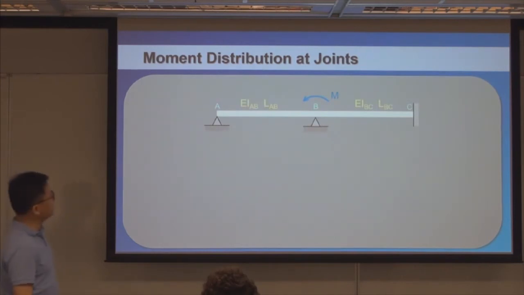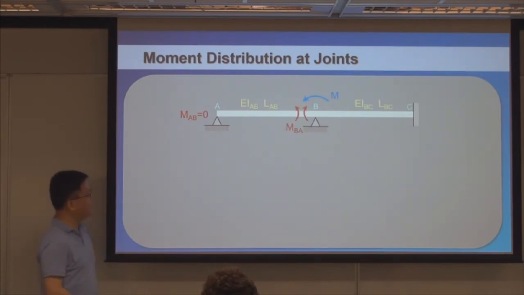Okay, so let's go back to these examples and then try to summarize what has happened here. We identify that moment here should be equal to 0. And moment BA is like that.